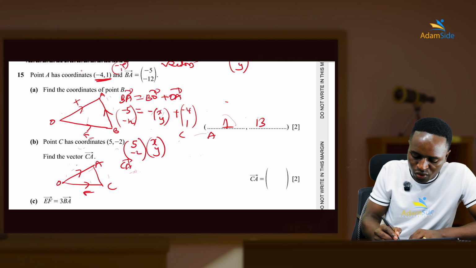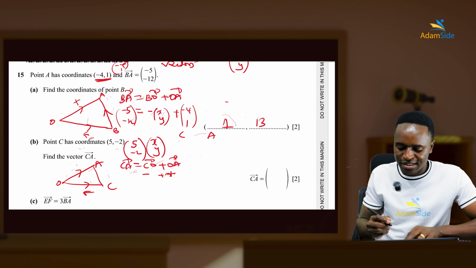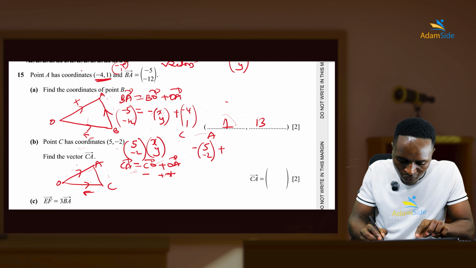What is the route? Route of CA is CO, which is negative, then we go to OA. So this is negative, and then this is positive movement. If you understand that concept, it means our C will be negative. So the vector is -5, -2 plus our vector -4, 1.